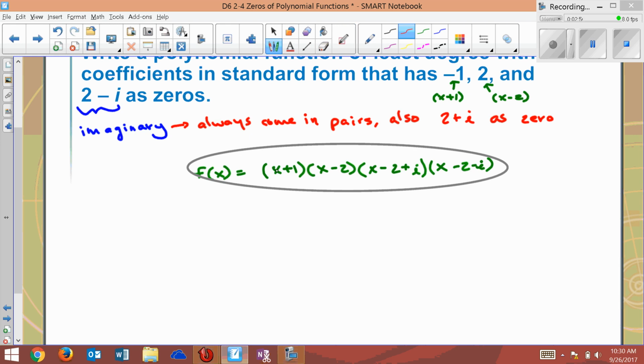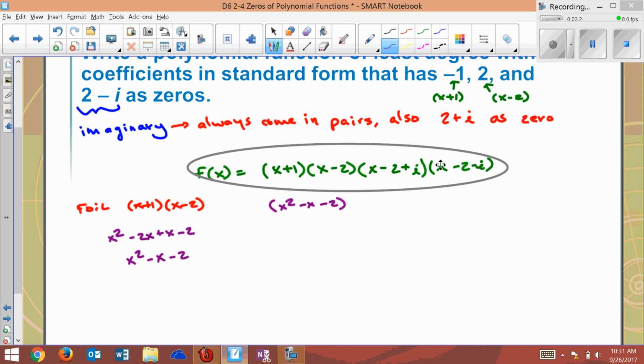When you multiply this out, if we FOILed x plus 1 times x minus 2, first times first is x squared, minus 2x is the outside, inside is plus x, and then minus 2. So we would have x squared minus x minus 2. That comes up here and replaces those first two parentheses.